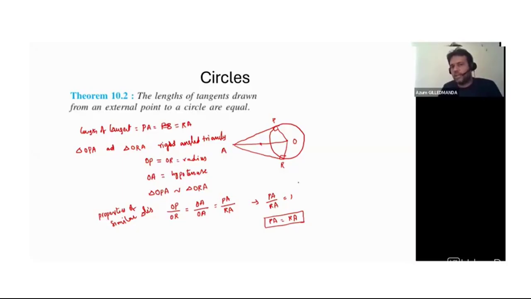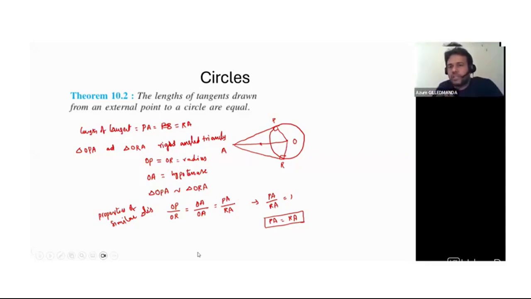So if we do that, I am getting PA by RA is 1. So then PA equal to RA. What is PA? The length of the tangent touching at point P, and RA is the length of the tangent touching at point R. So PA equal to RA, hence we can say that the lengths of the tangents drawn from an external point to a circle are equal. Okay, that's the theorem if they ask.